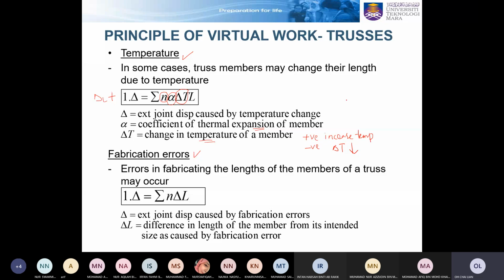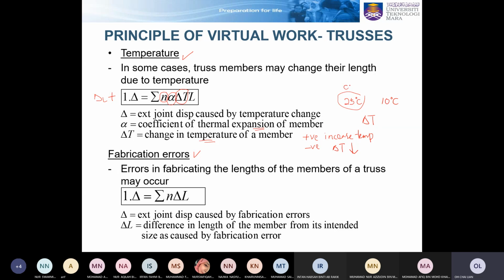Let's say your truss is subjected to a temperature of 25 degrees Celsius, but in maybe another country, the environment goes down to 10 degrees Celsius. So the delta T here is the change.